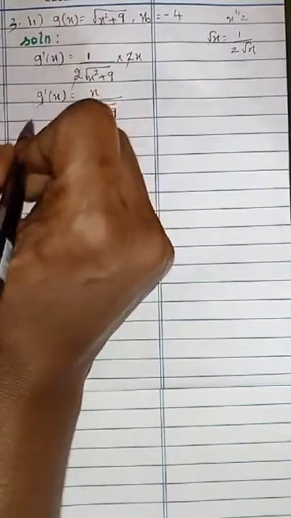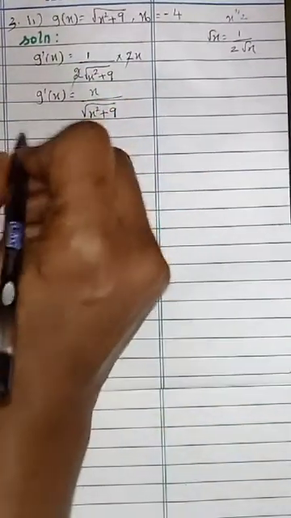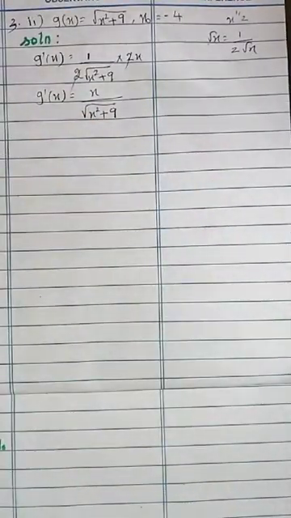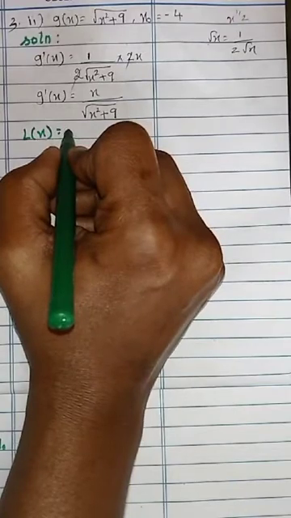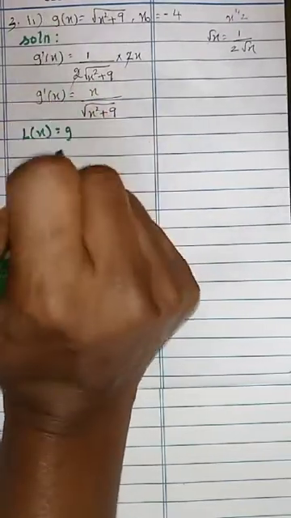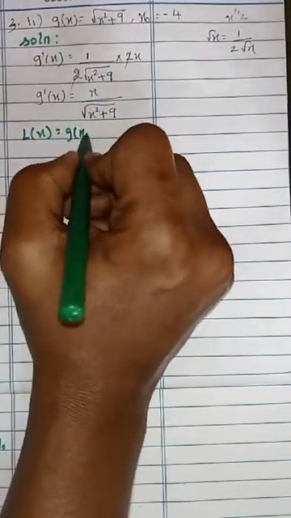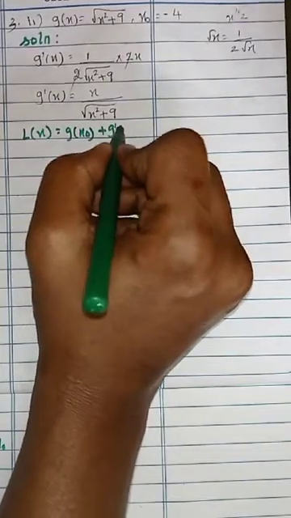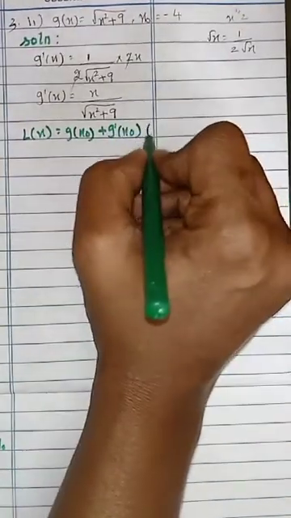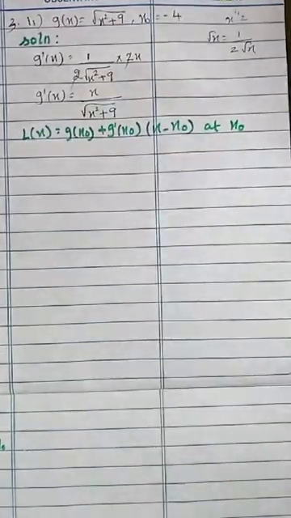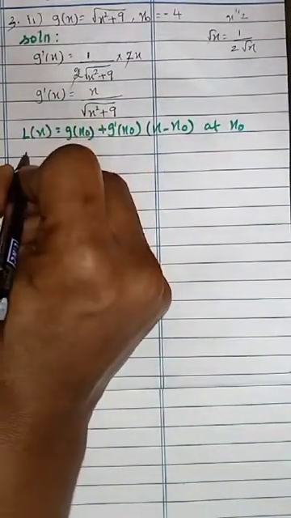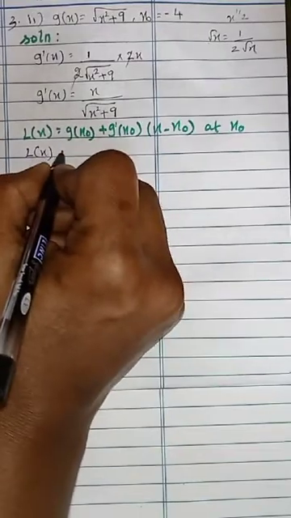Now we have g of x and g dash of x. So what is the linear approximation formula? Since the function is given as g, L of x equals g of x naught plus g dash of x naught into x minus x naught, at the point x naught. So L of x equals, what is g of x naught?